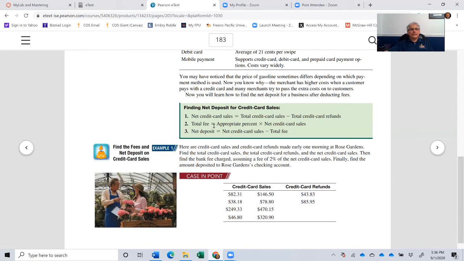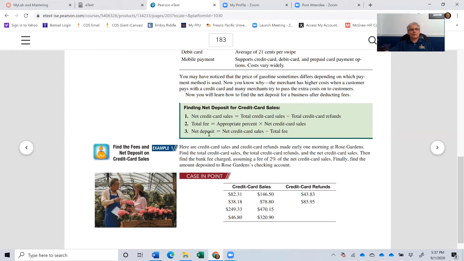To compute the fee that we're going to be charged by the credit card company, we're going to take the appropriate percent, whatever percent is normally charged, and multiply it against the net credit card sales, and that would be the total fee that's going to be paid by the merchant. And so then the net deposit is going to be the net credit card sales, which we computed earlier. We're going to subtract the fee that we computed, and that's what we're actually going to deposit.